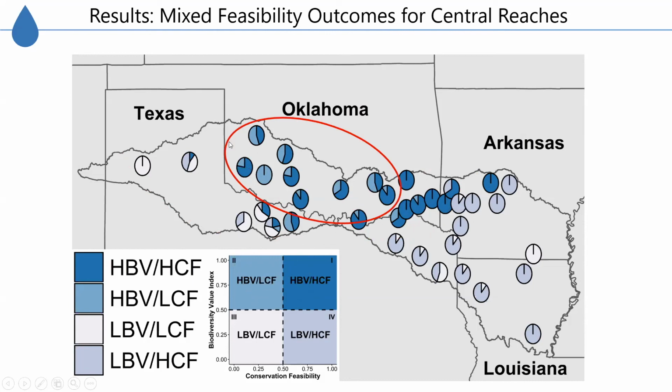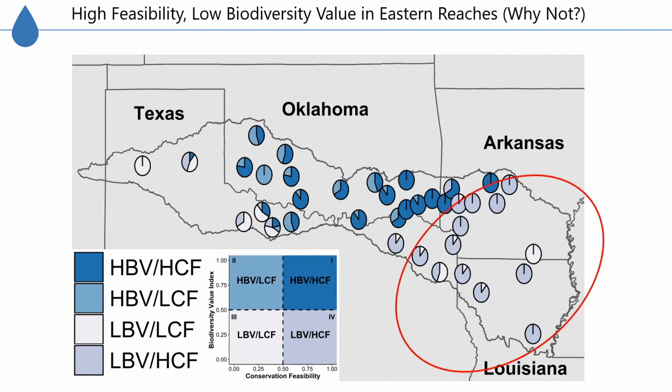So you might make some people mad if you take away water from the societal uses and allocate it to environmental flows. And in the eastern reaches, there's pretty consistently low biodiversity value, but high conservation feasibility, except for one of these sites over here. So these are kind of like a why not site. I mean, if you have the water available, why not allocate it to environmental flows as well?